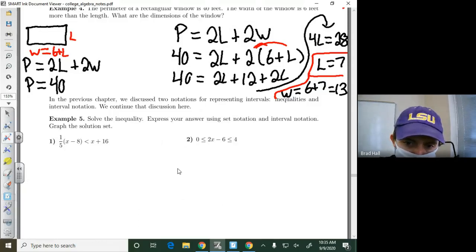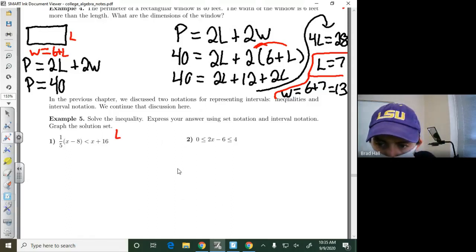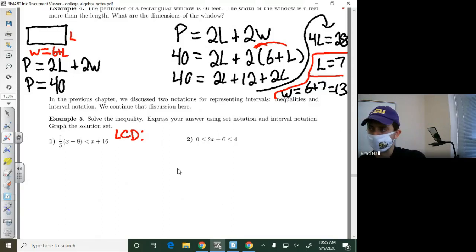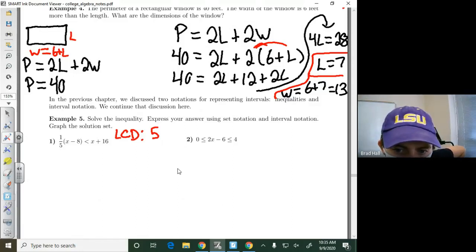As we'll see here, for problem 1, I see a fraction, I instantly think LCD. There's only one denominator, which is 5. So the LCD has to be 5. Really nothing to compare. So we're going to multiply everything by 5.